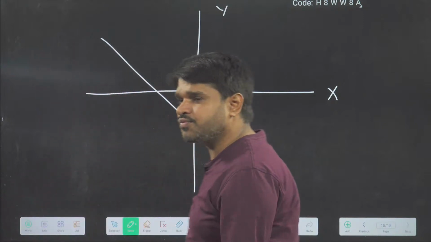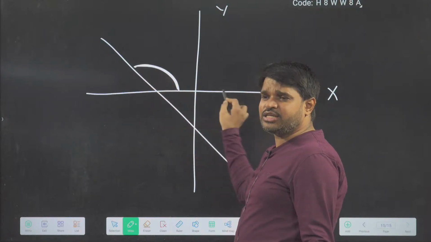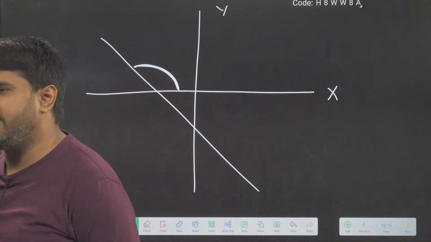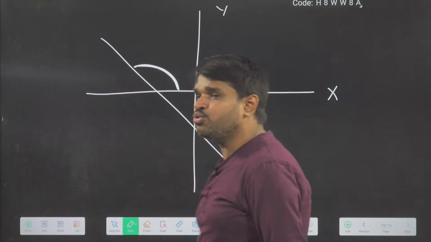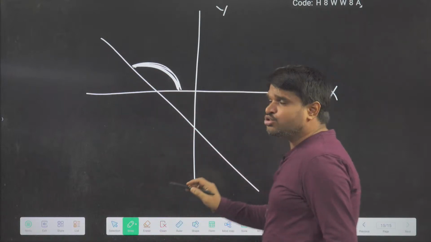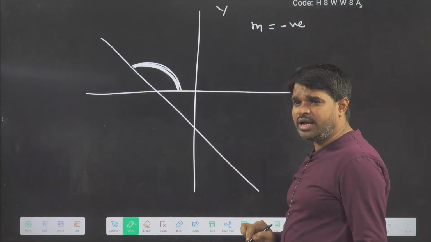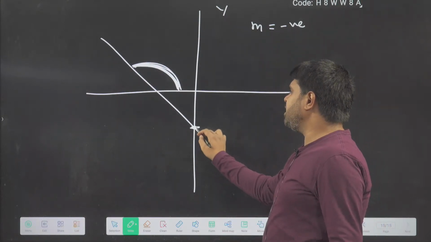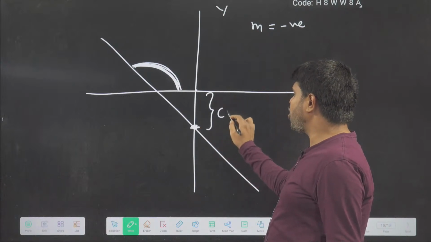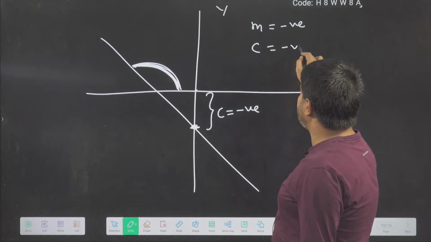What kind of angle does the line make with the right direction of the x-axis? Obtuse. So M will be negative. The line is cutting the y-axis below the origin. So this C will also be what? Negative. Okay. So C is also negative.